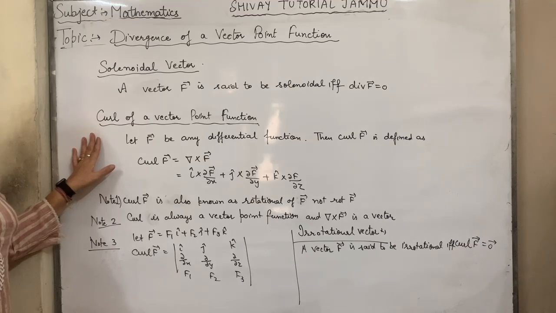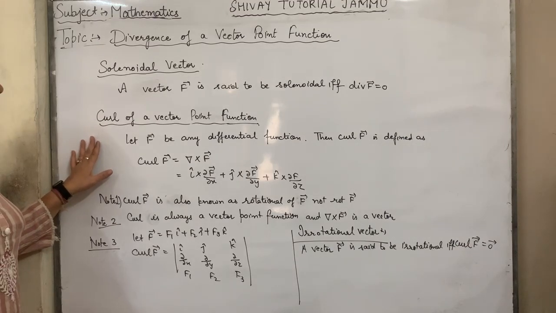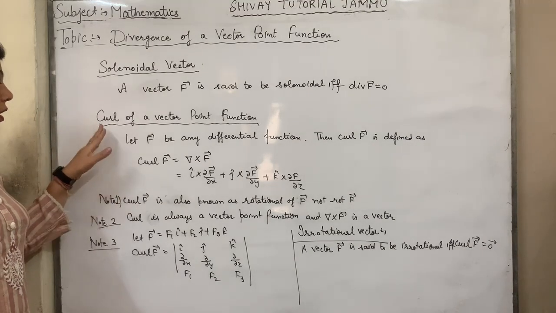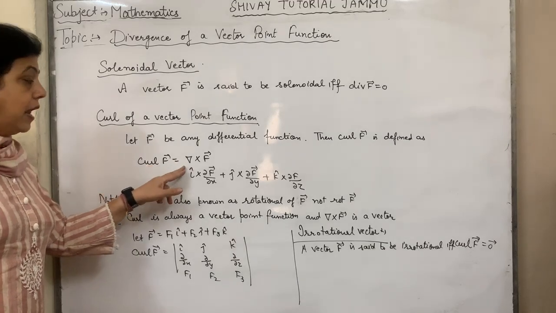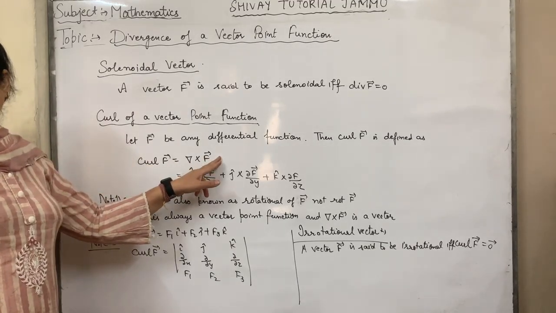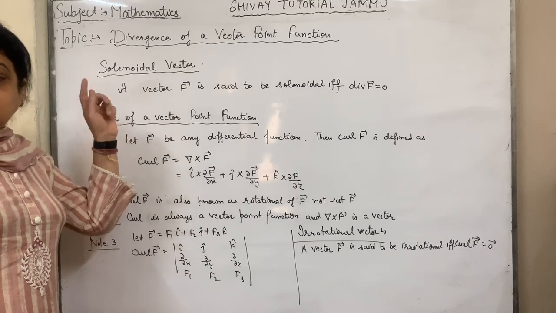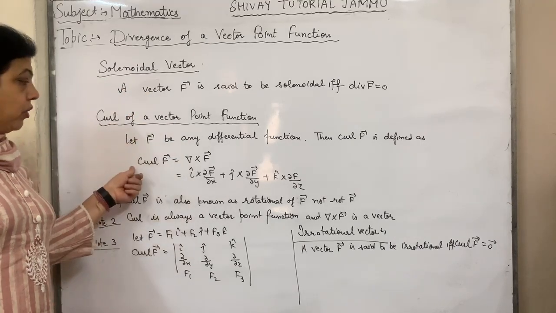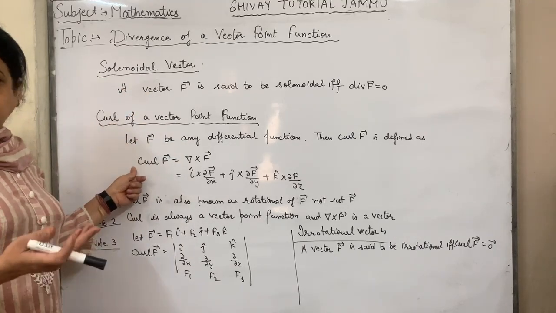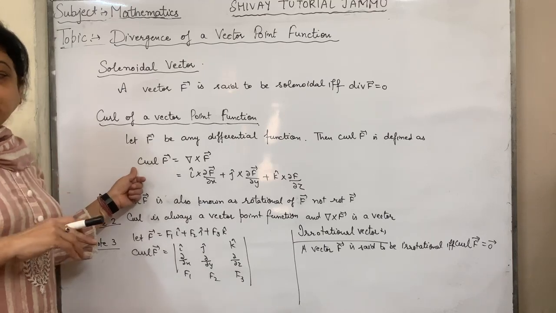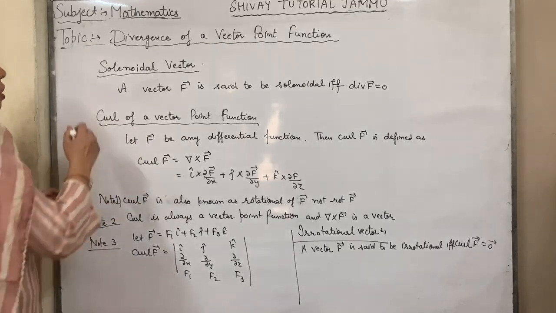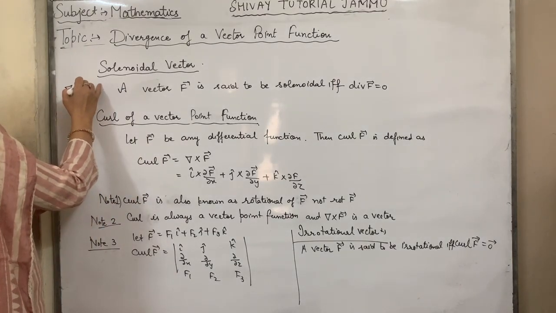And what is curl of a vector point function? How can we find the curl of f? That is del cross f vector. Del dot f is for divergence: d for dot and d for divergence. If we have to find divergence, we do del dot f.